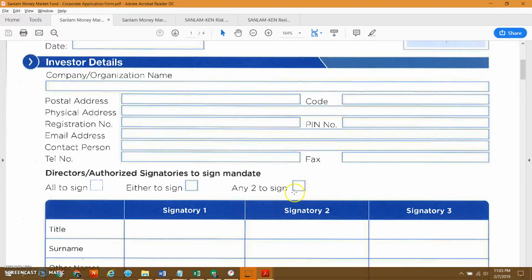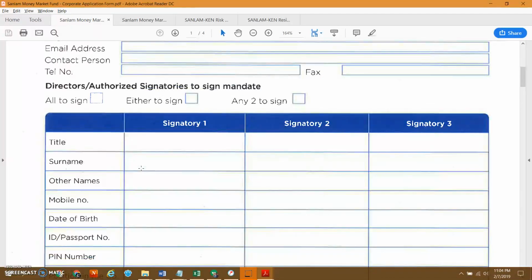With companies, and again we'll see with the joint application form, you now have either directors or authorized signatories, and you can choose how you set up your controls. Either all of you sign, or any to sign, it's up to you.